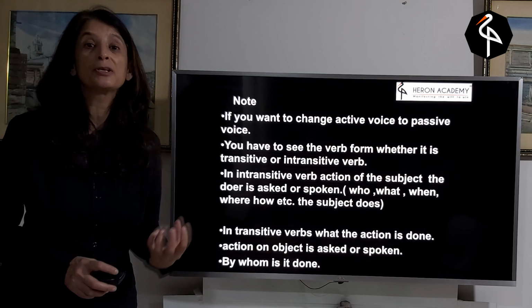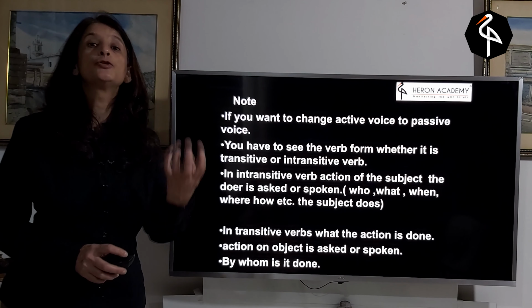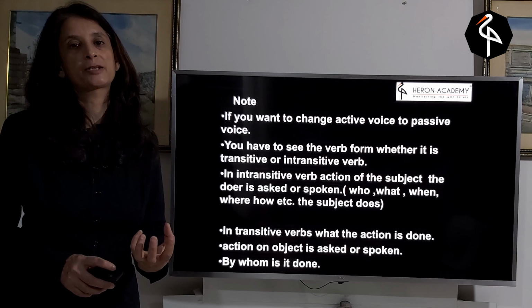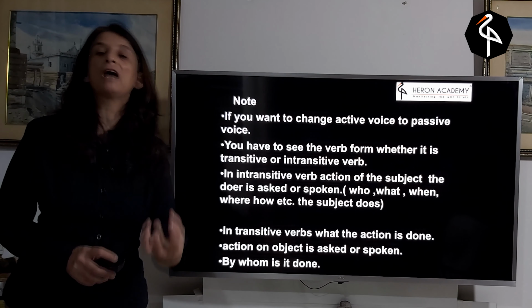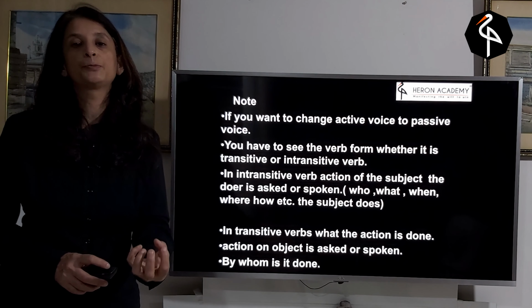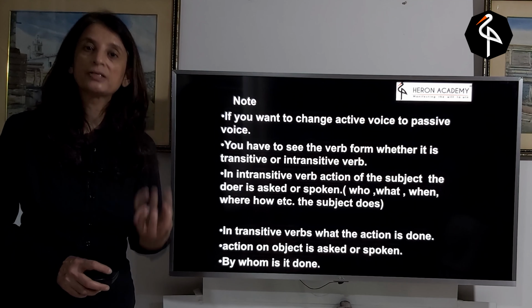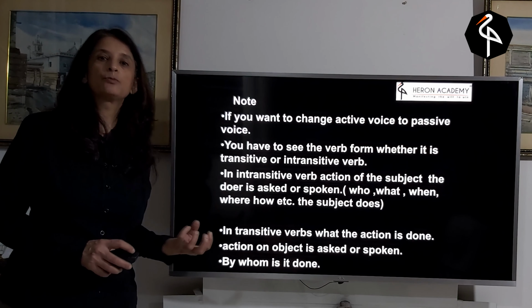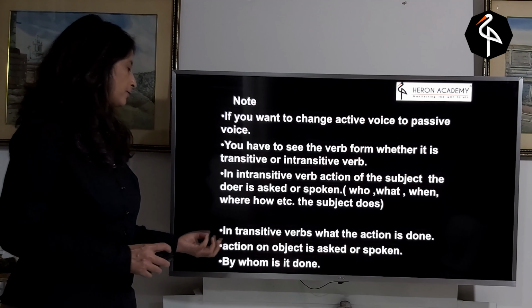You want information about that action. You want to ask about that action. You want to tell something about that action. That means the victim is the object. So you have to have an object after this particular verb to complete the statement. That is what a transitive verb is, and this is what makes your active voice change into passive voice.